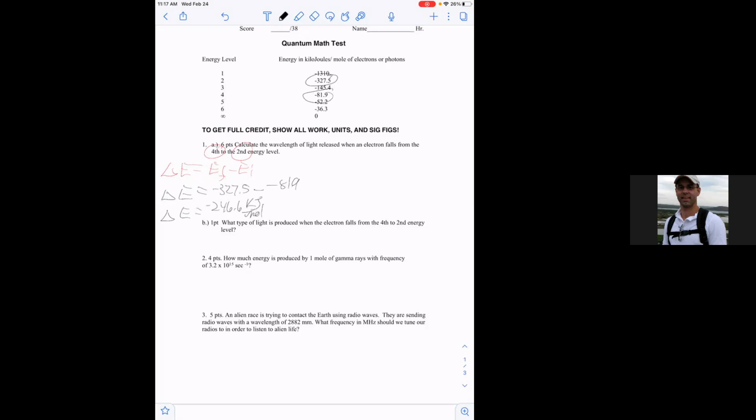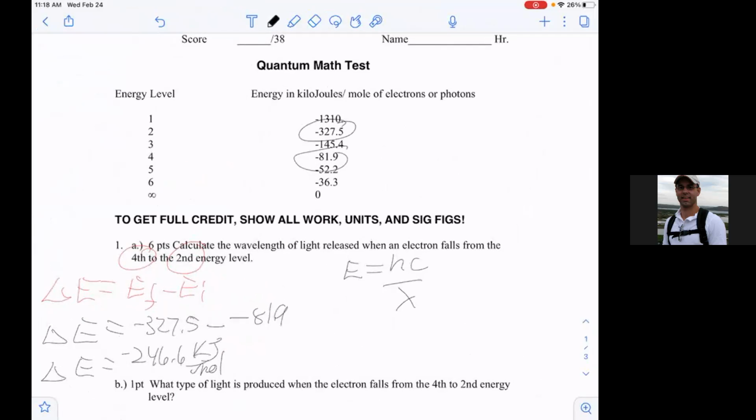Well, that's the energy. Put your cell phone away, you don't need it. That's not the wavelength. To find the wavelength, we're going to use that equation. Yeah, that's better.